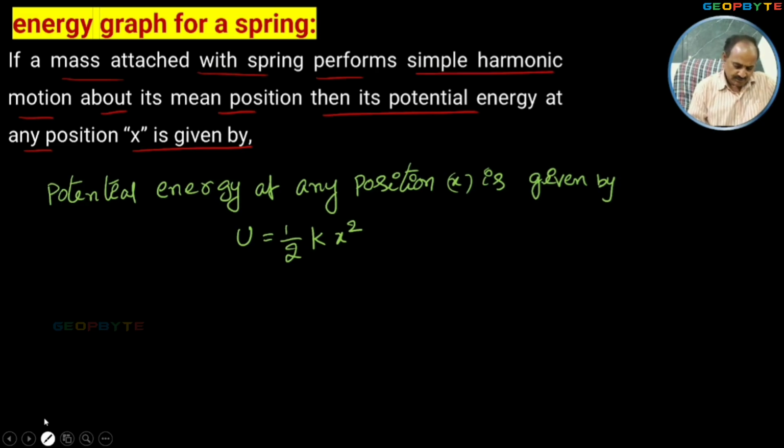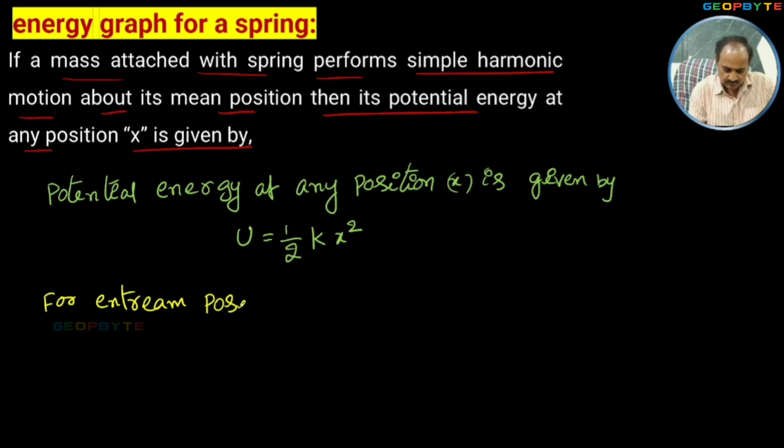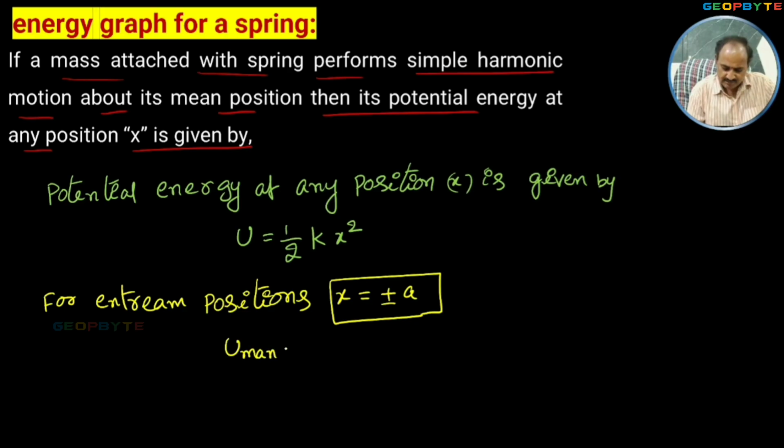For extreme positions like x equal to plus or minus a, the maximum potential energy U max equals half k a square.